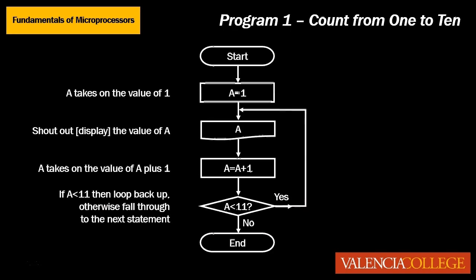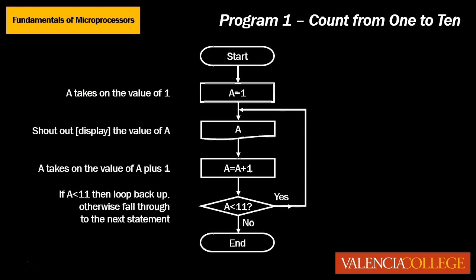For our first example program, we are going to revisit the counting program from the beginning of this video. You are the lead embedded microprocessor developer for the Acme Widget Company. Your project manager approaches you with a project to count the number of widgets being produced on the assembly line.